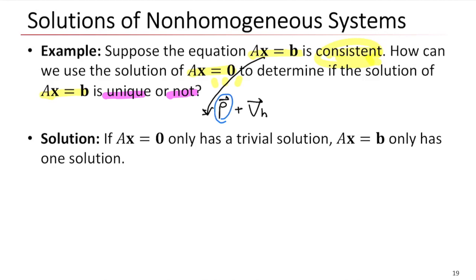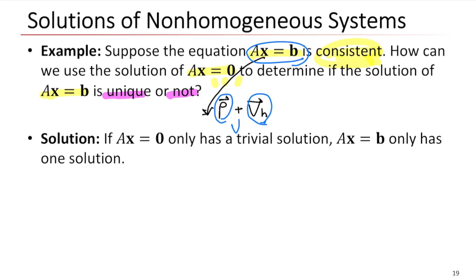This particular vector is unique, right? If the solutions of Ax = 0 are infinitely many, then the solution of this one is also infinitely many, right?